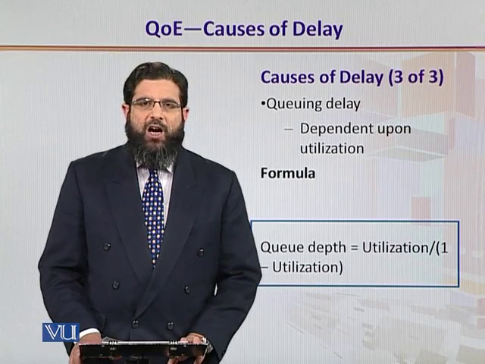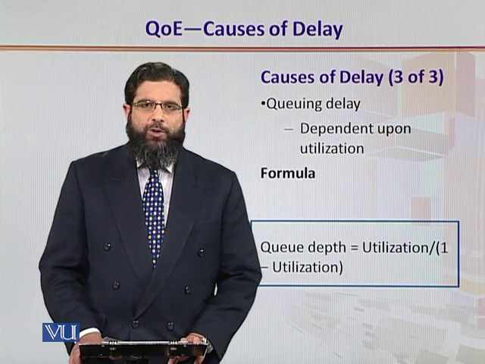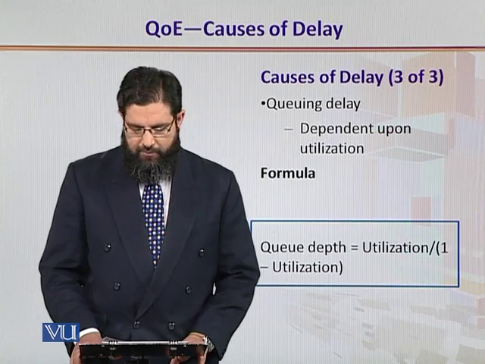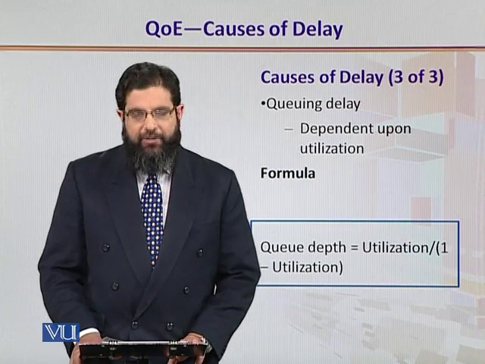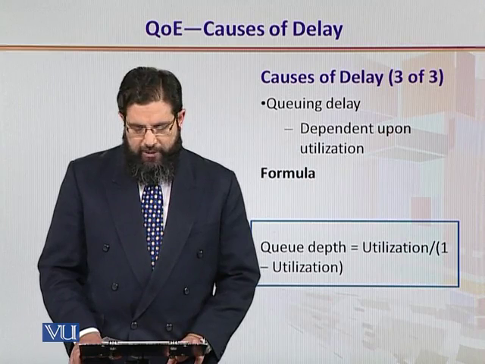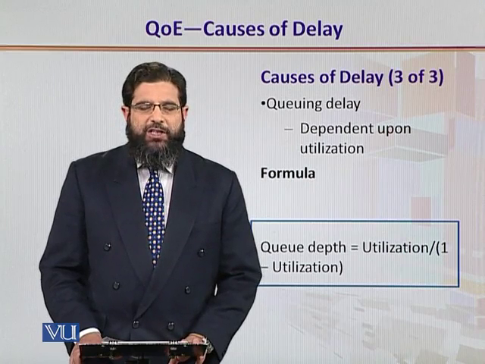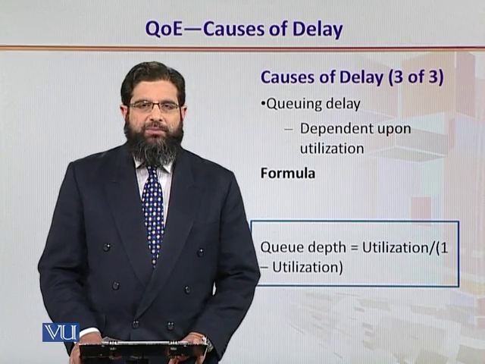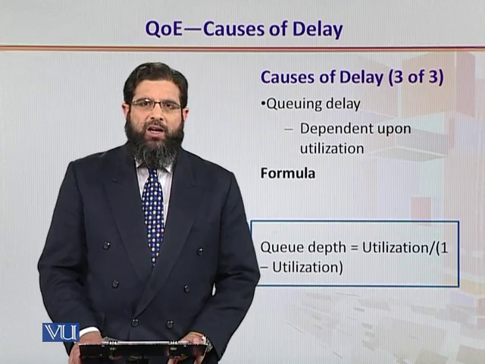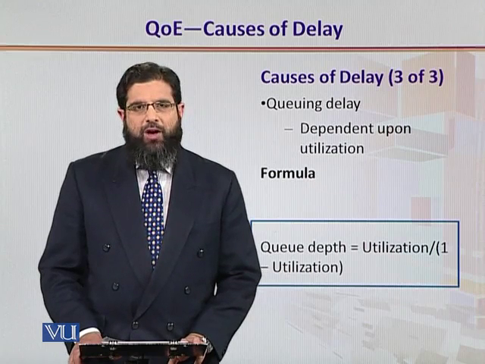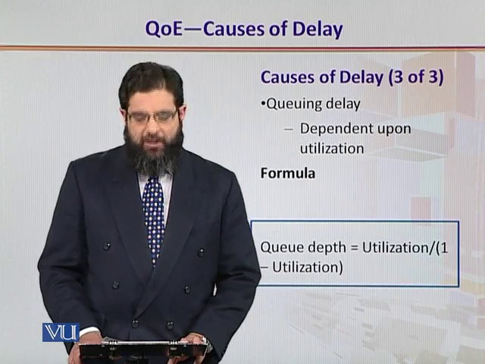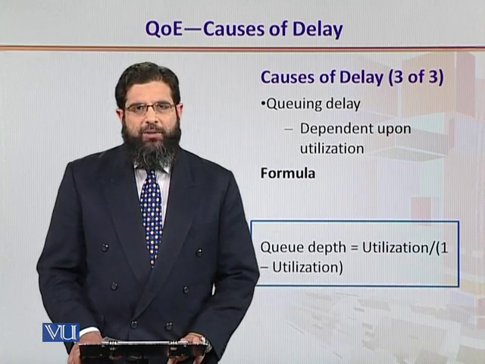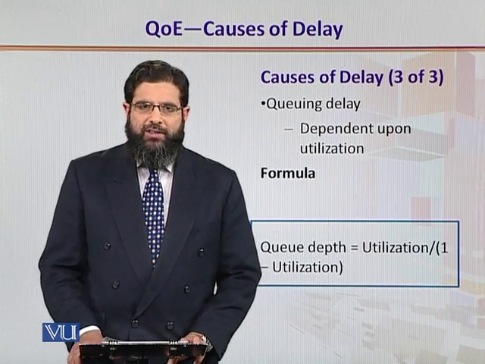The queue depth starts to grow steadily when we start approaching 70%. So the queue depth has a relationship with utilization as utilization divided by 1 minus utilization. For utilization of 50%, the queue depth is going to be 1.